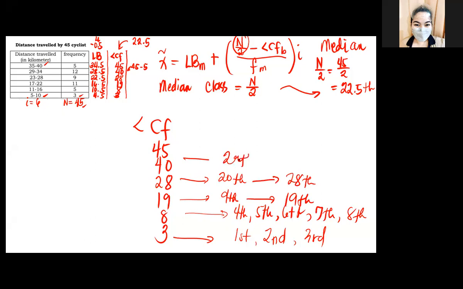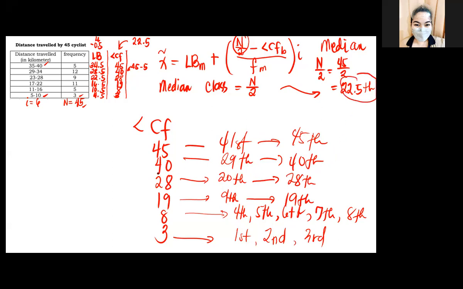Ito, 29 to 40th. And ito naman isa is 41st to 45th data. So yan po yung ibig sabihin ng CF natin. Kaya nga si 22.5, sa tingin nyo nasan siya?